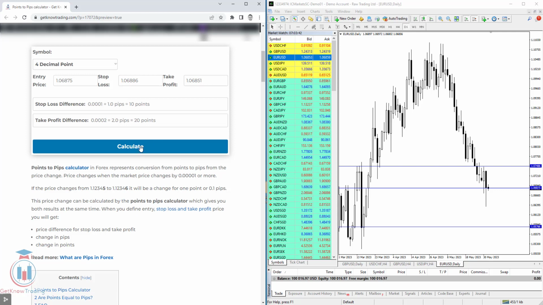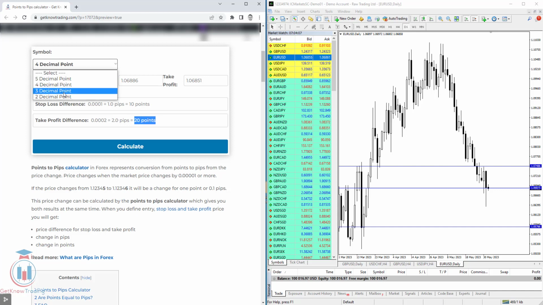Click calculate. And now you have the price difference on the fourth decimal point difference is 1. So if you have 4 decimal point is equal to 1, that means 1 pip. And if you have 1 pip, that will be equal to 10 points, because 1 pip is equal to 10 points. Here we have the price difference is equal to 2 pips, which means 20 points.